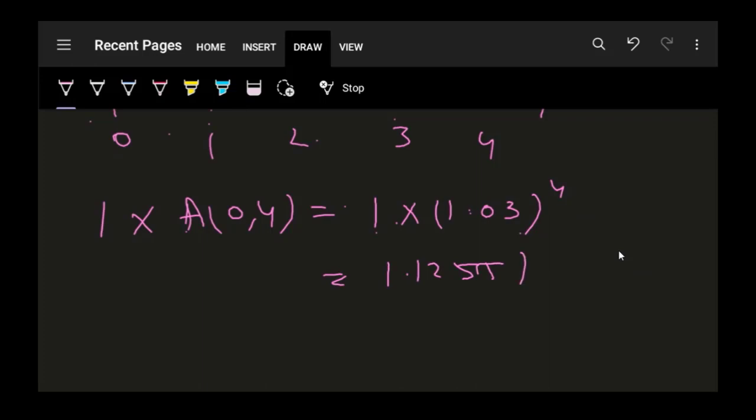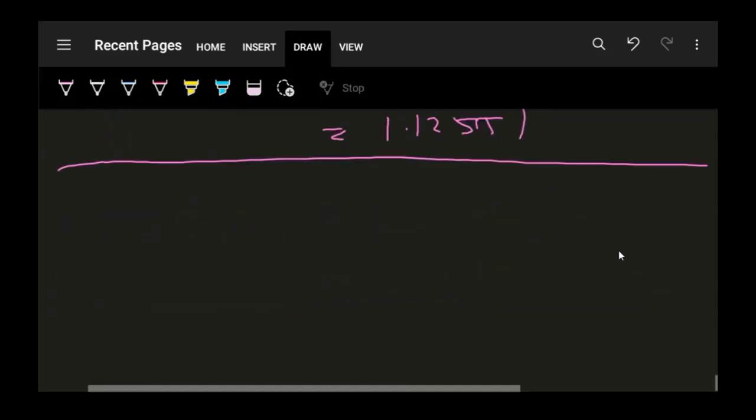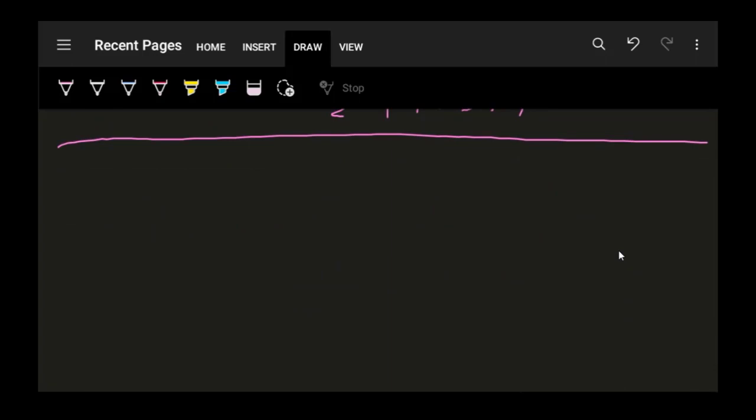So this is the first method for calculating this accumulated amount. The second method is case 2 or method 2, whatever you call it.